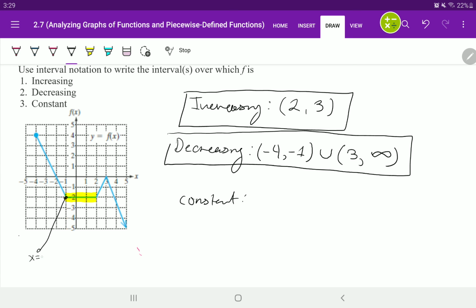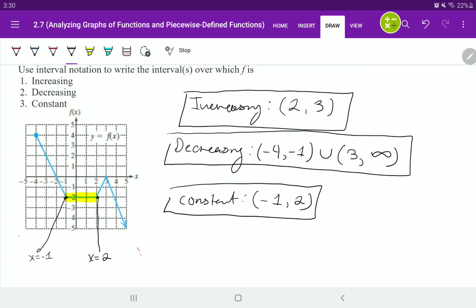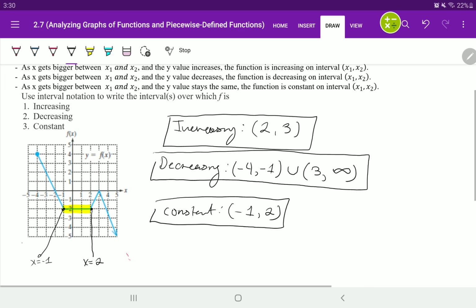X equals -1. X equals +2. So therefore, the interval of constant goes from -1 to +2. And that is the answer to this question.